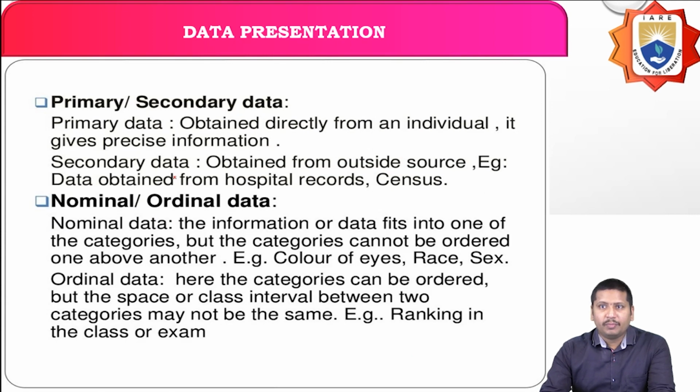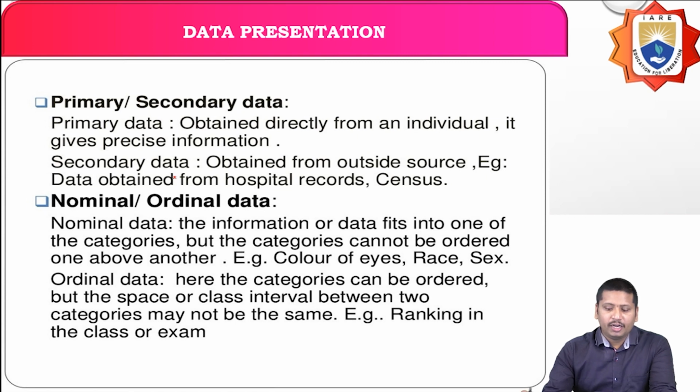And the next one is primary and secondary data. Primary means we obtain it directly from an individual, which gives precise information, whereas secondary means it is obtained from an outside source, for example data from hospital records and census.